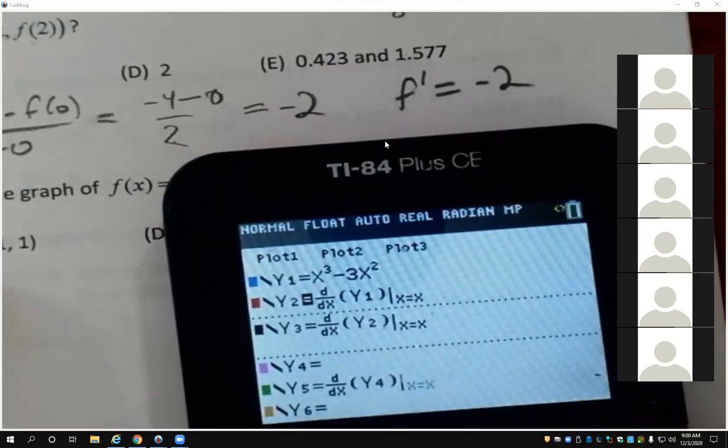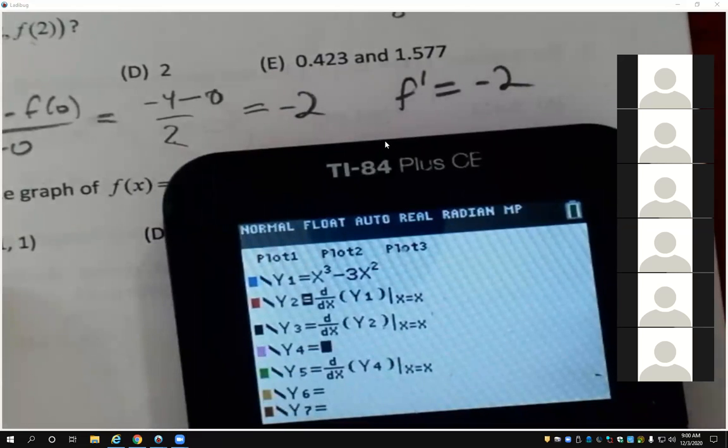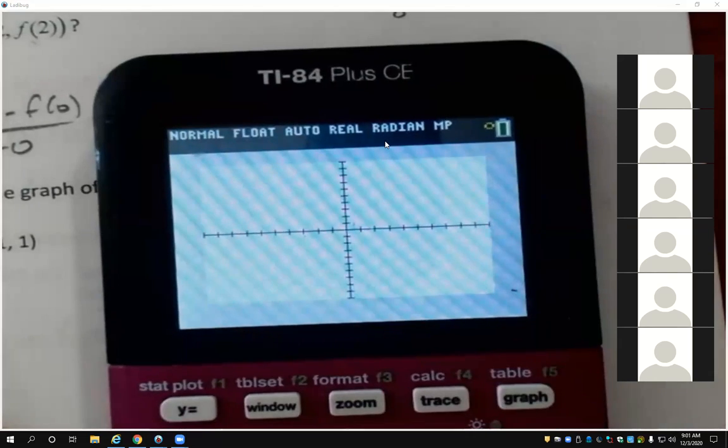So down here in y4, I'm just going to graph negative 2. The first graph you see pop up is going to be the derivative of x cubed minus 3x squared. It's a quadratic. There's the derivative of the x cubed function, and where that derivative equals negative 2 is going to be my answer. So here comes the line negative 2.